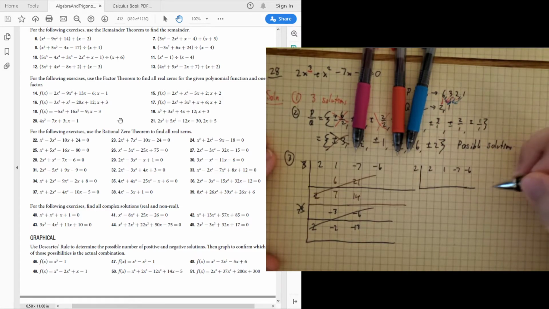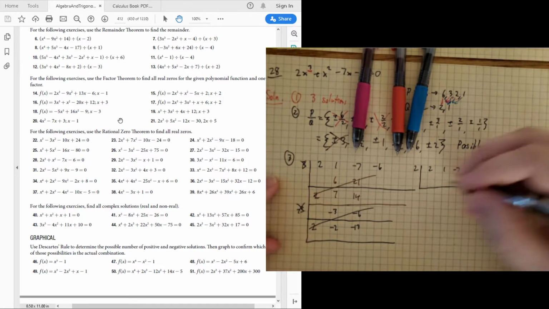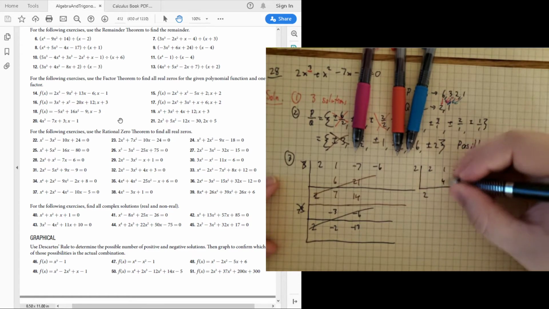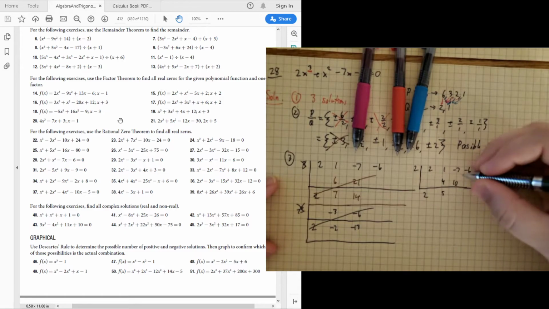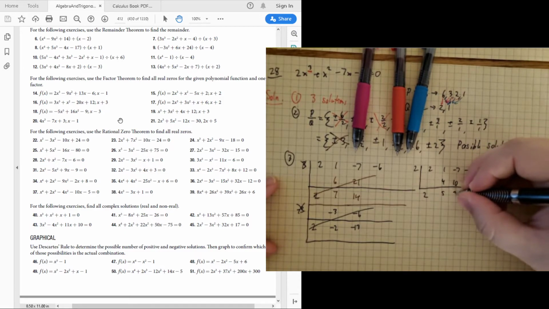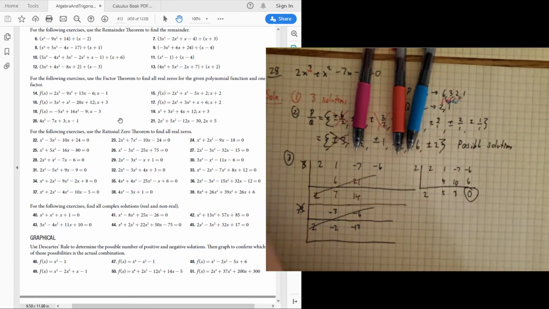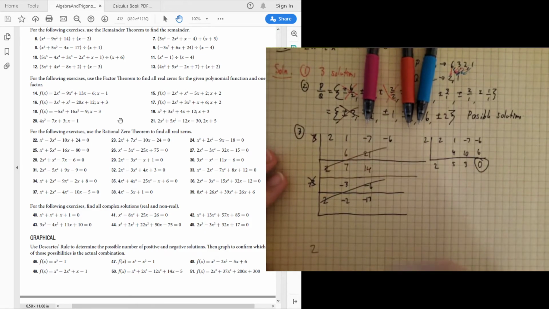And some people will just do a lot of mental math and save themselves some headaches. This becomes 2. 2 times 2 is 4. Plus 1 is 5. Times 2 is 10. -7 is 3. This becomes 6. Oh my gosh, 0. So what does this tell me? This tells me that 2 is a factor.